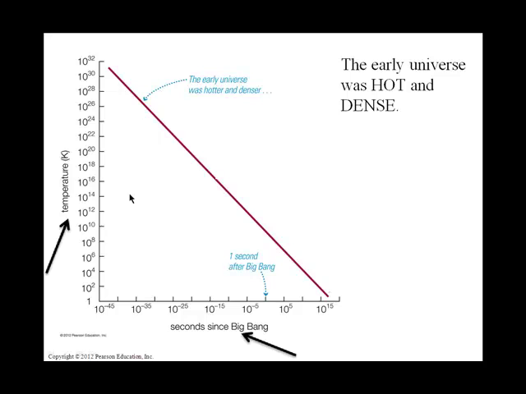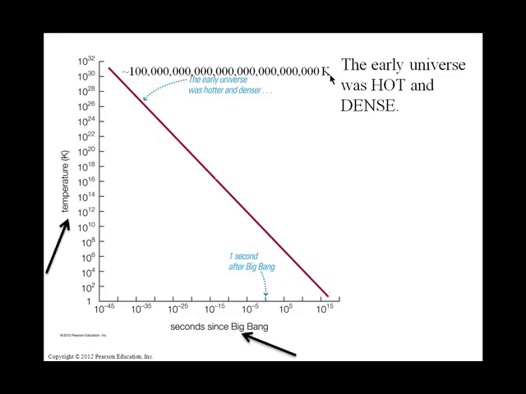So here we go, just to highlight some things. This is back a fraction of a second, actually 10 to the negative 35 seconds, and this would be the corresponding temperature. This temperature would correspond to, for instance, this 10 raised to the 28th. This is temperature in the Kelvin scale, so that would be a 1 with 28 zeros after it.